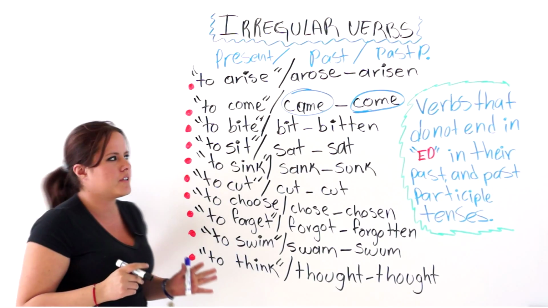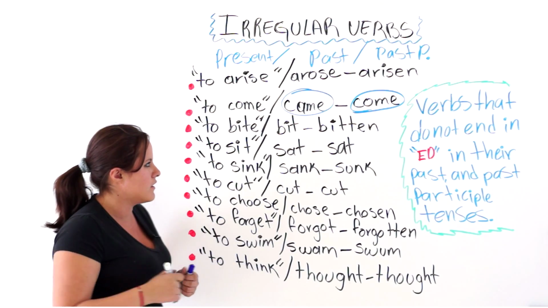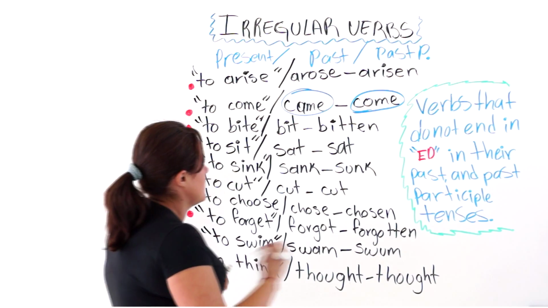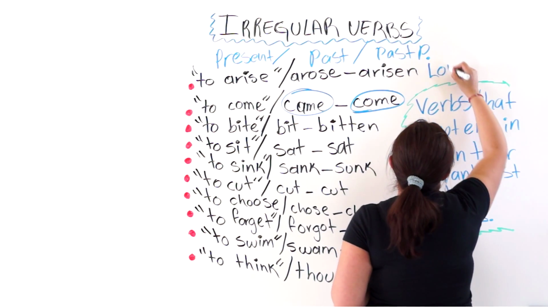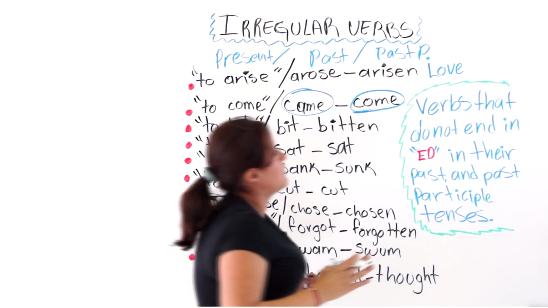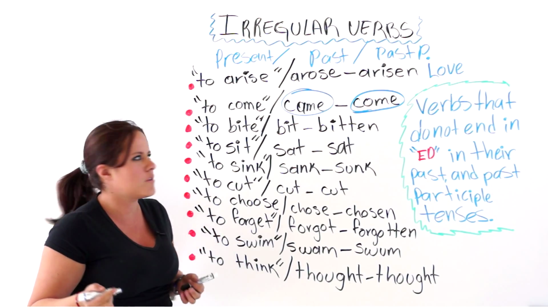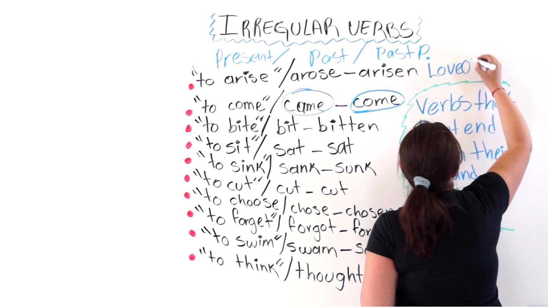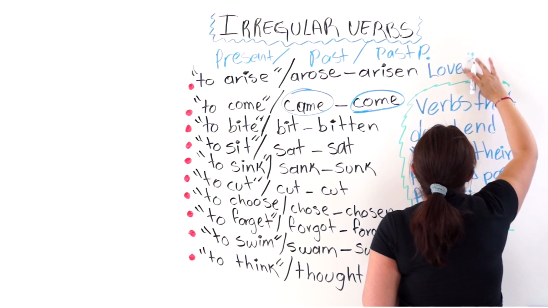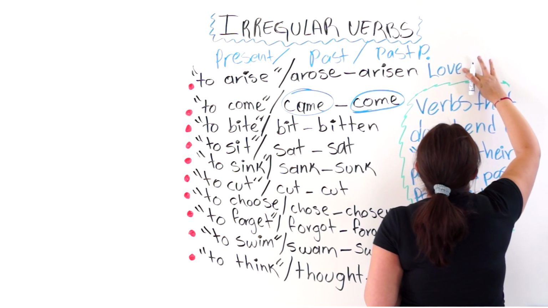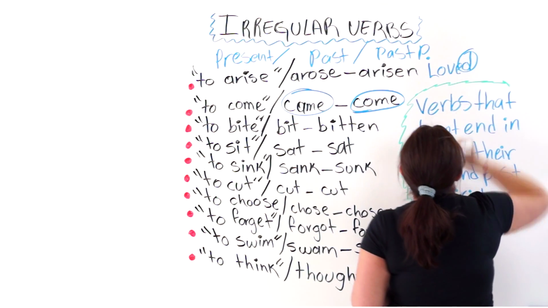It is really important that you know the irregular verbs by heart. The regular verbs are a lot easier. For example, if I use a verb like to love, we know that it is a regular verb, so when we want to change it into the past tense or the past participle, we just add a D, because all regular verbs in their past and past participle form will end in ed.